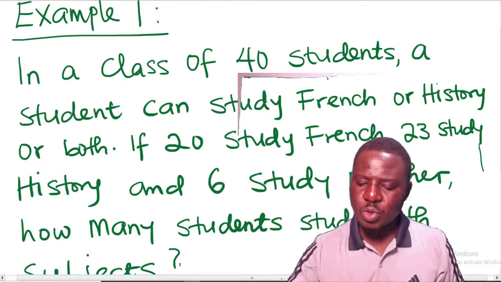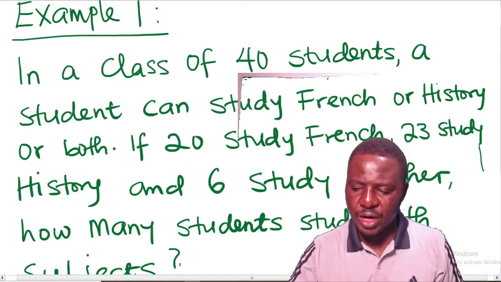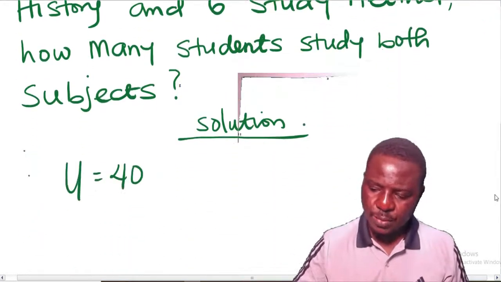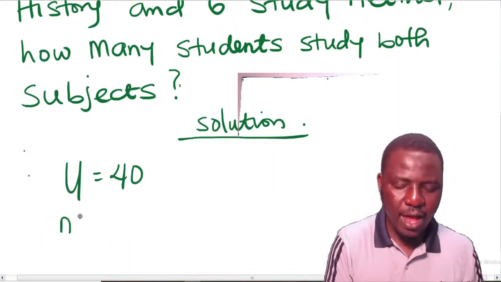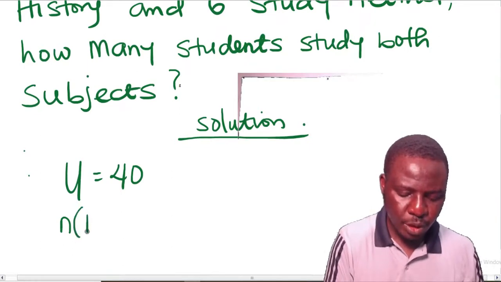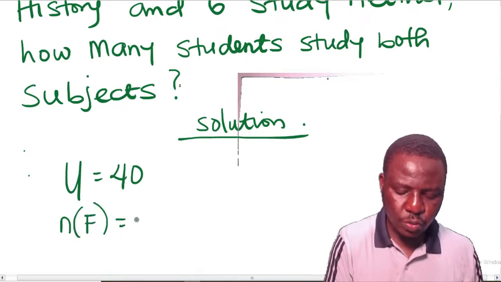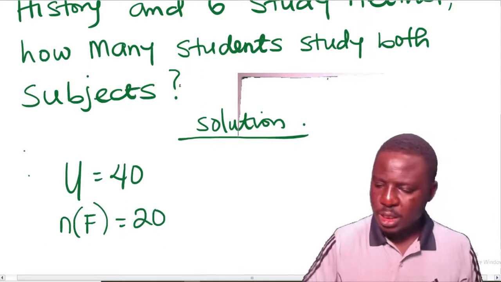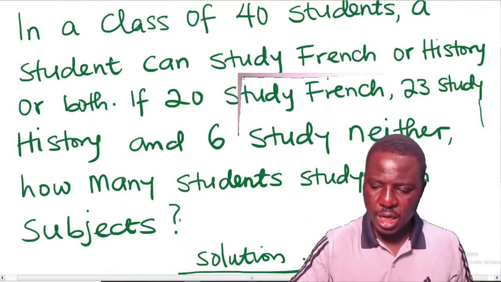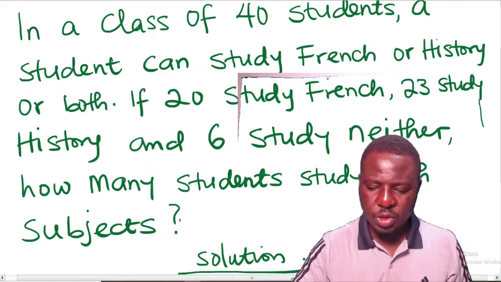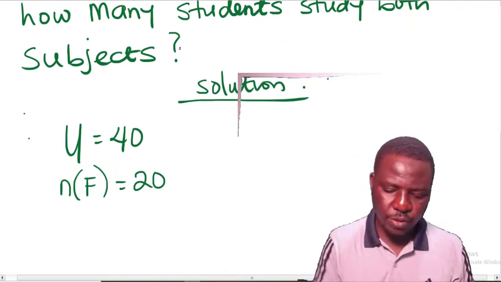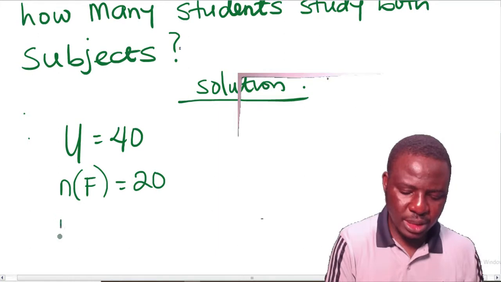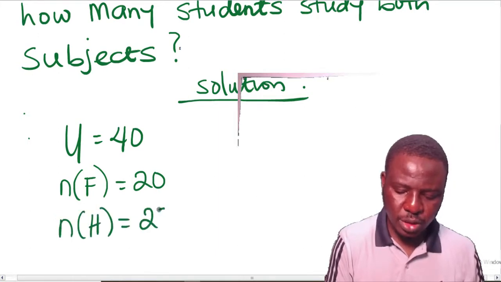If 20 study French, I will interpret it as n of F, where F may stand for French. So n of F is said to be 20. 20 students study French. 23 students study history. So H will be for history, and I'll interpret it as n of H is given to be 23.